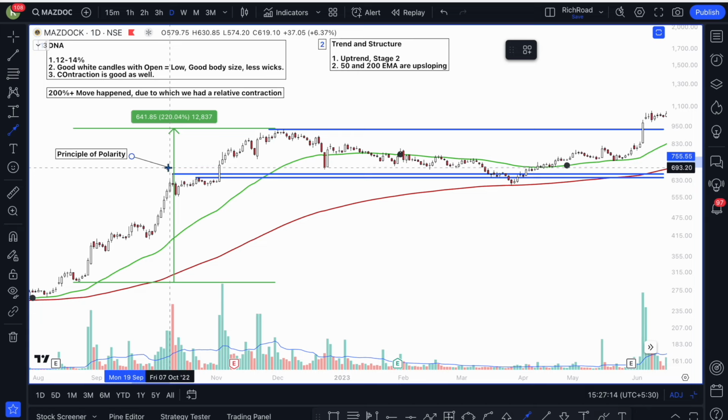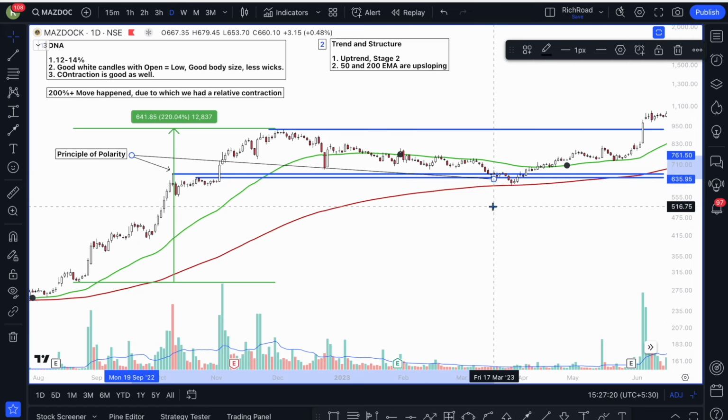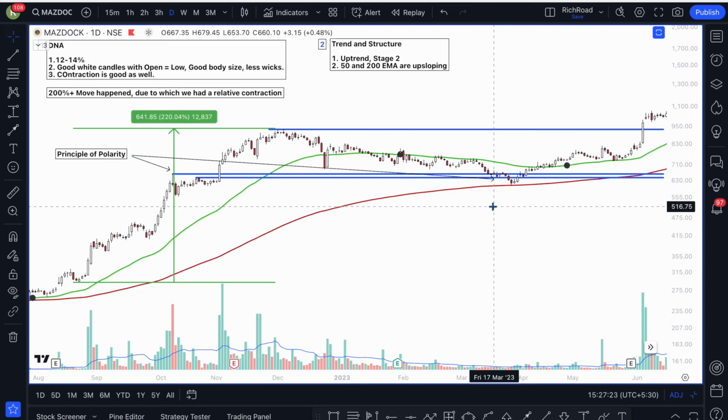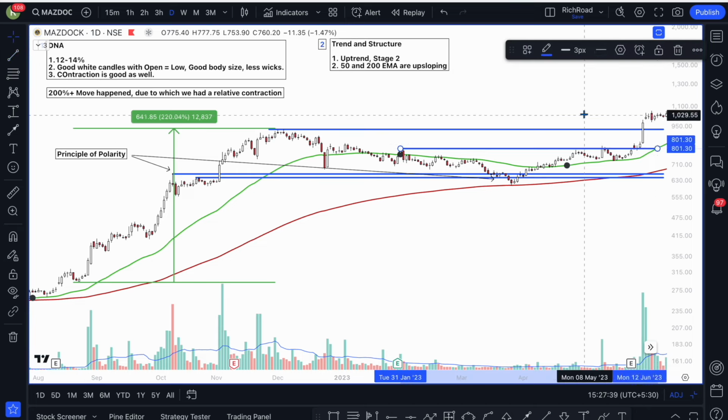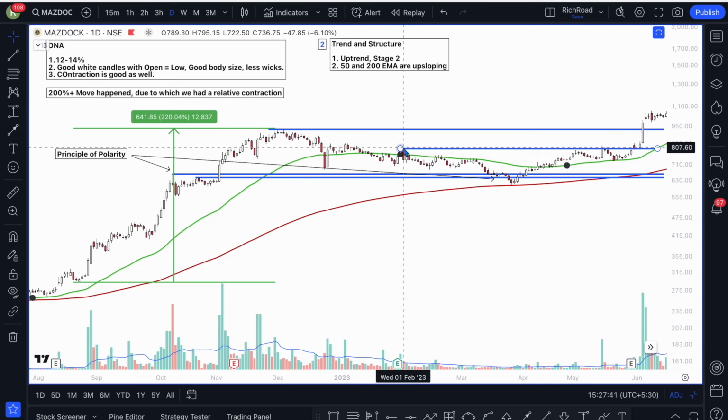So there was a resistance here which acted as a support here for the stock, right? So you take note of that. And where did it come? To the support zone and the 200 EMA. So that's a thing that you should note in your mind, that this is what happened because of the relativity. Then you draw this level also, the level of resistance that you could see.